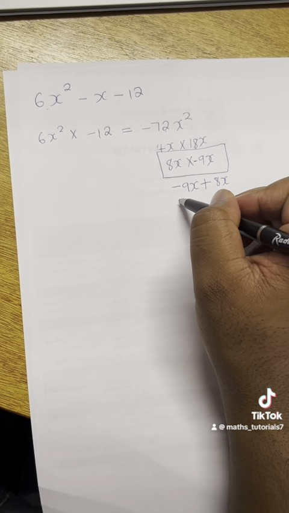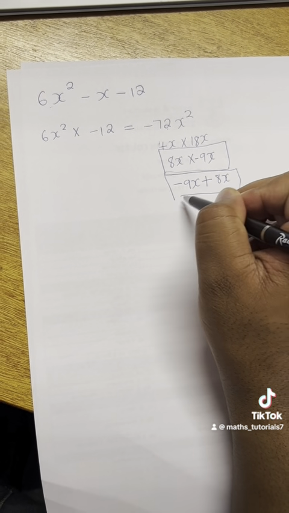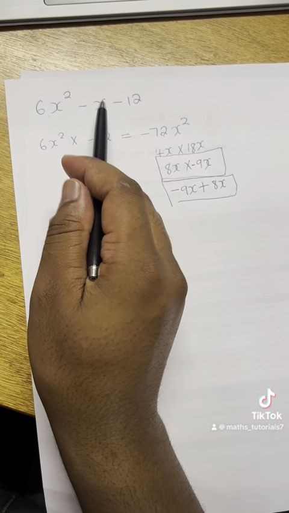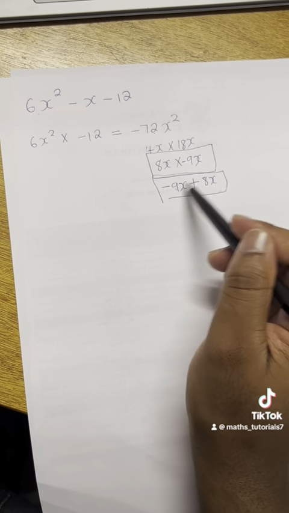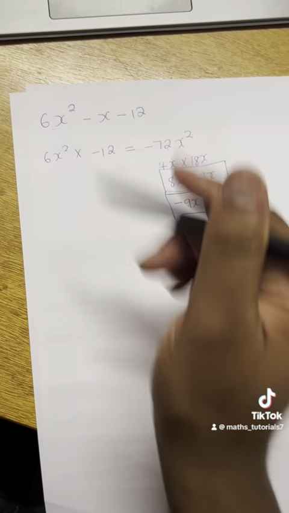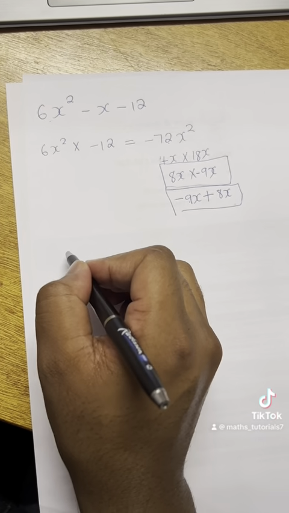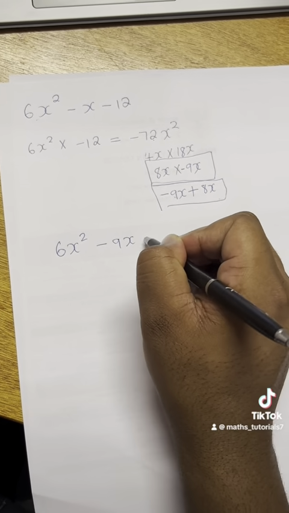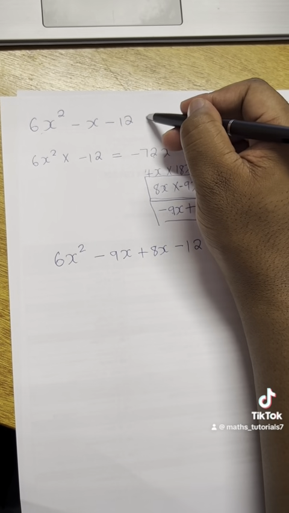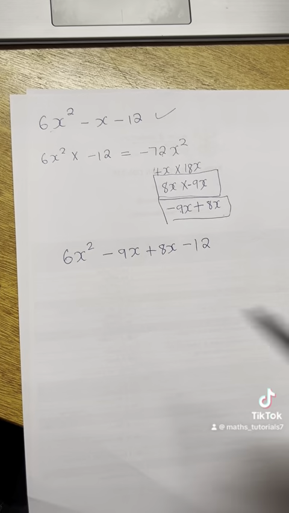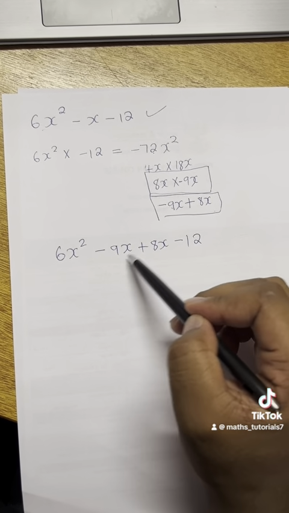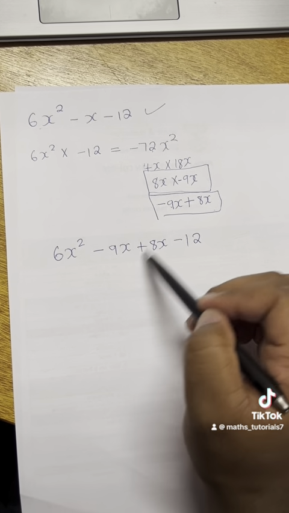So we are going to replace negative x with these two factors that we found. Our original equation will now change from here to here. This is the original equation, and all we did is replace minus x with negative 9x plus 8x. Nothing changed except for this.